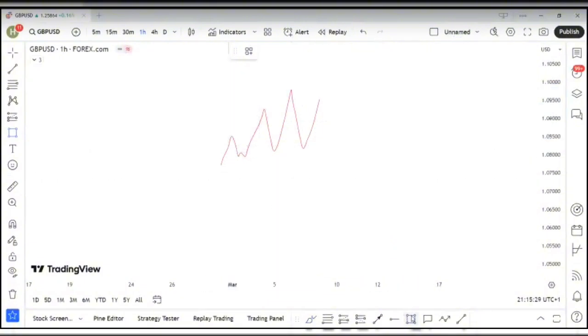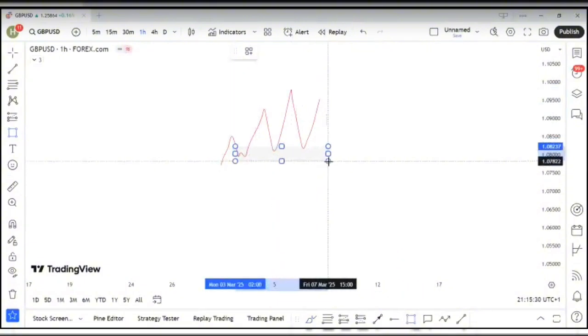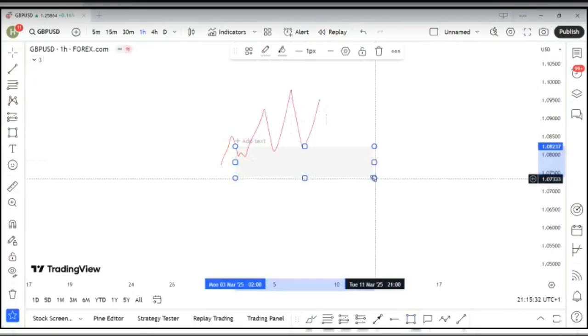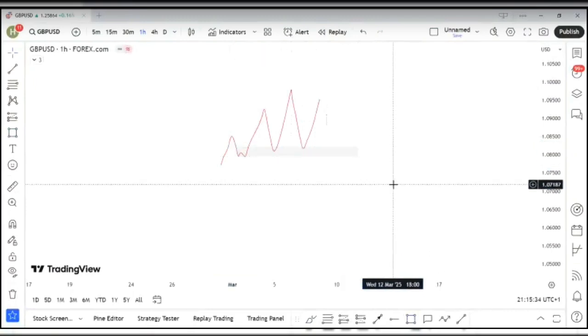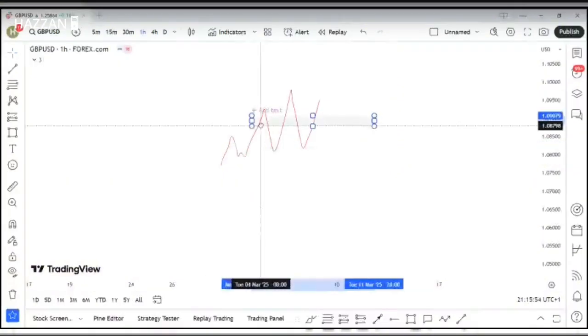This demand zone is now a strong demand zone that supports buyers. It supports that zone, so price cannot trade lower from it. Price supports the level, right?